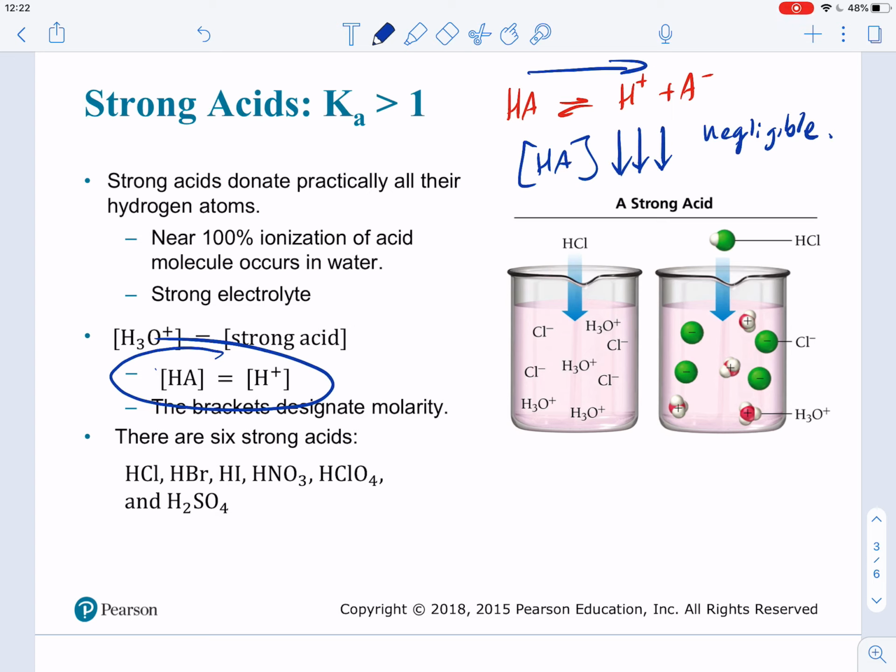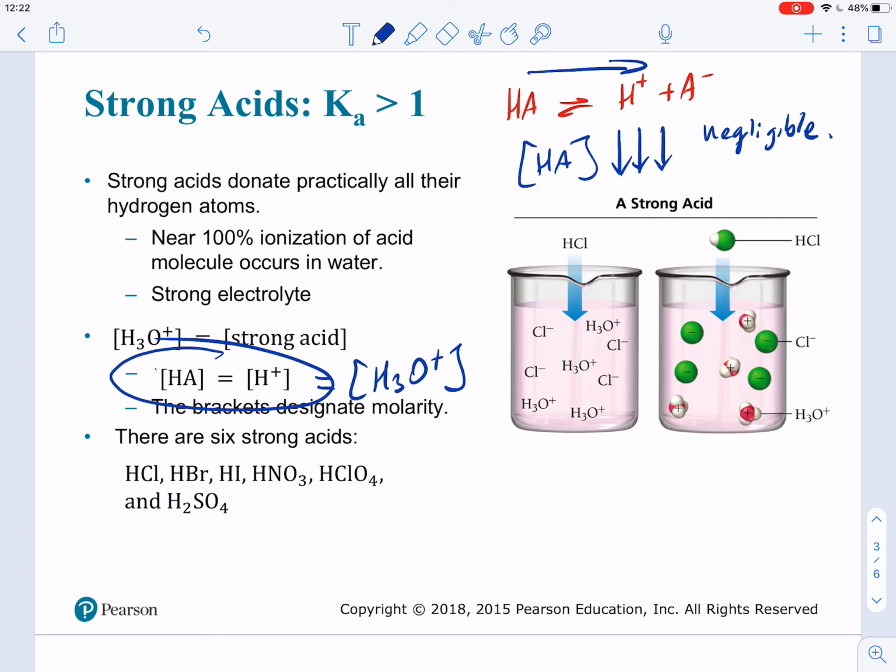So in that case, for a strong acid, the concentration of the acid is equal to the concentration of the protons. And remember, that also means the concentration of H3O plus, depending on how you are working this. And to be honest, I don't care if you use H plus or H3O plus. I just want you to be consistent.